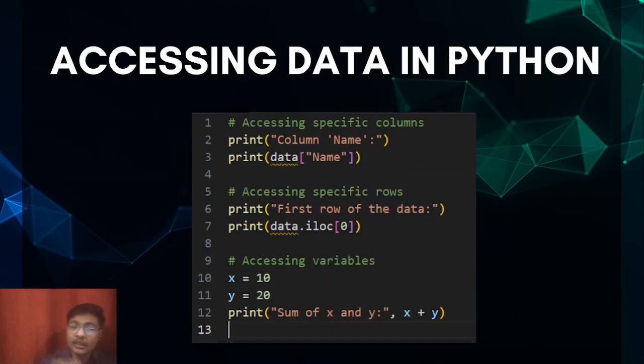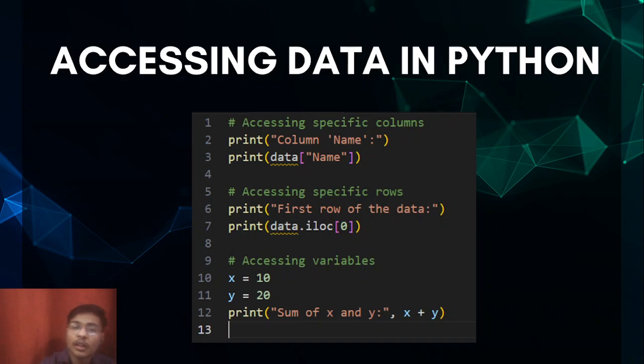So the next is accessing data in Python. Whenever we get the data from a file using pandas, we have to access that data too. For accessing the data, we can access it in two ways: column wise or row wise. Here, the first example is how to access the data column wise.